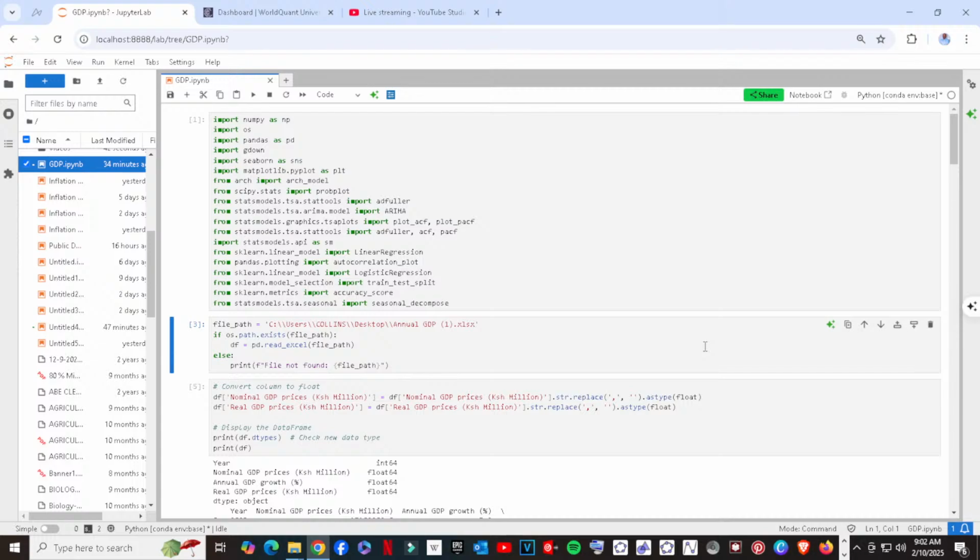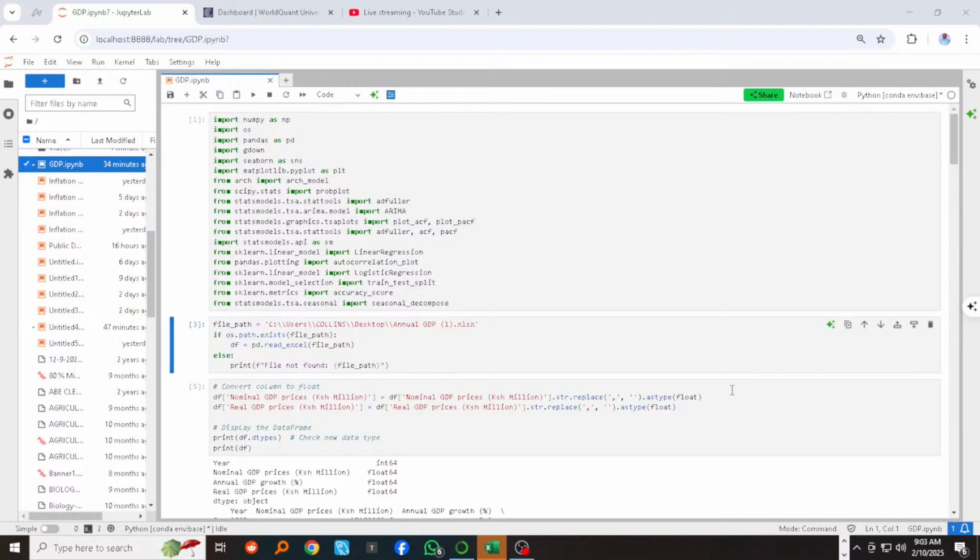The reason why I have to do that is because there is a lot that goes on with the data. At times when you access the data from the website, a number of times it's not in the format that is ready for analysis.